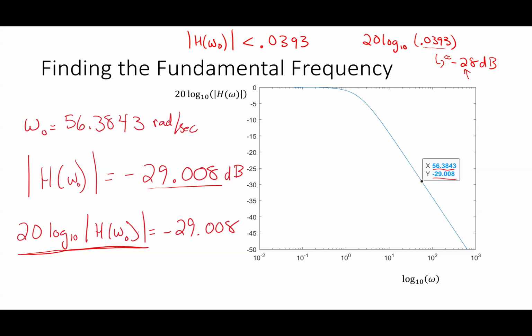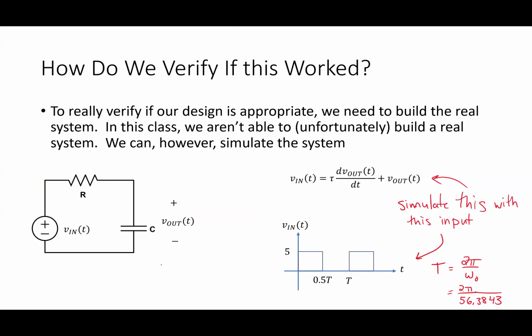So at that particular frequency, the magnitude is -29 decibels, which means it's less than 0.0393. So in problem 3, you say, if I choose omega naught to be that value, then I can choose the value of t that I want from that.